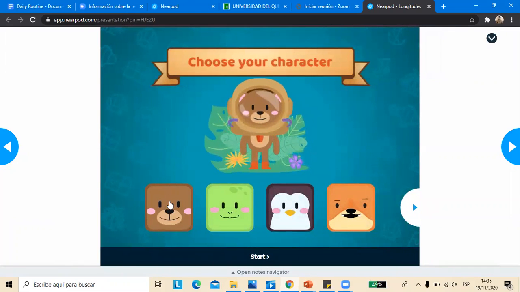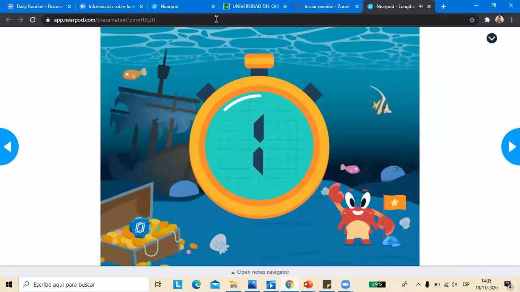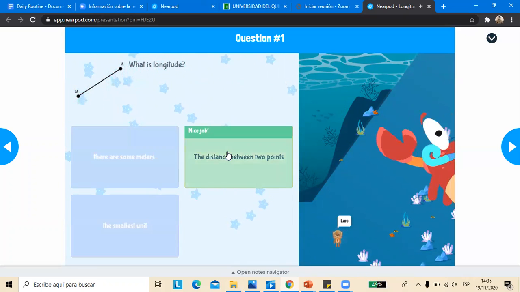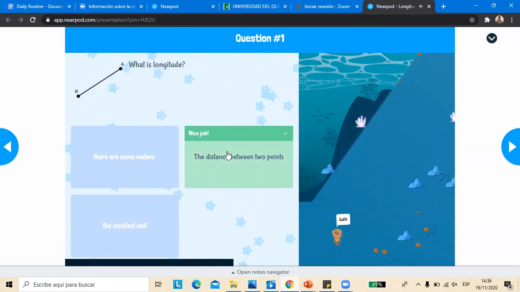Choose the character you want. Okay, so it says, what is longitude? What do you think? It's the distance between 2 points. Yes, perfect.